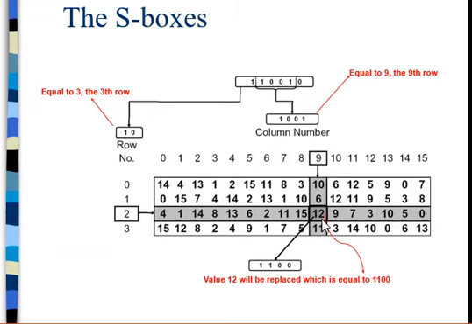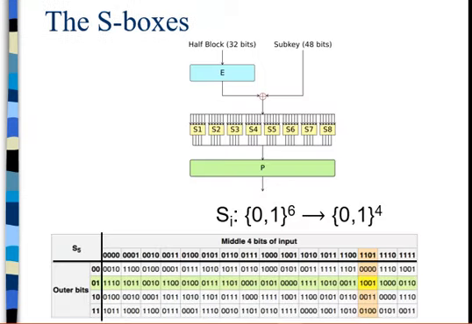The output is equal to 12, which will be replaced with 1 1 0 0, which is equal to 12. Okay, hence in this way we can convert our 6 bits into 4 bits.